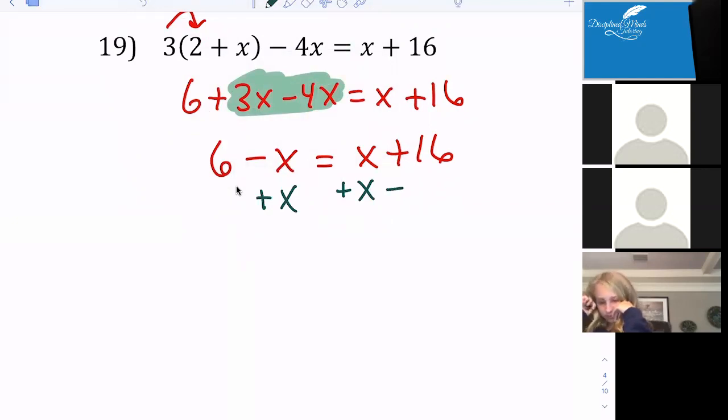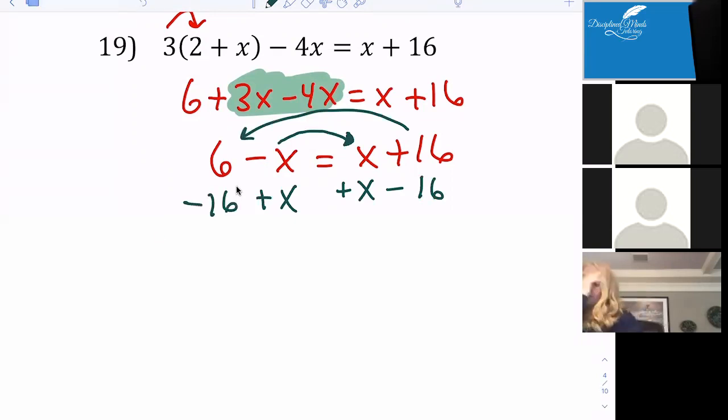Now remember, listen to me now. Okay, this is good for you, ready? So I put the variable over here, therefore the number has to go on the other side. So this, yes, thank you, negative 16, right? Okay, tell me now.